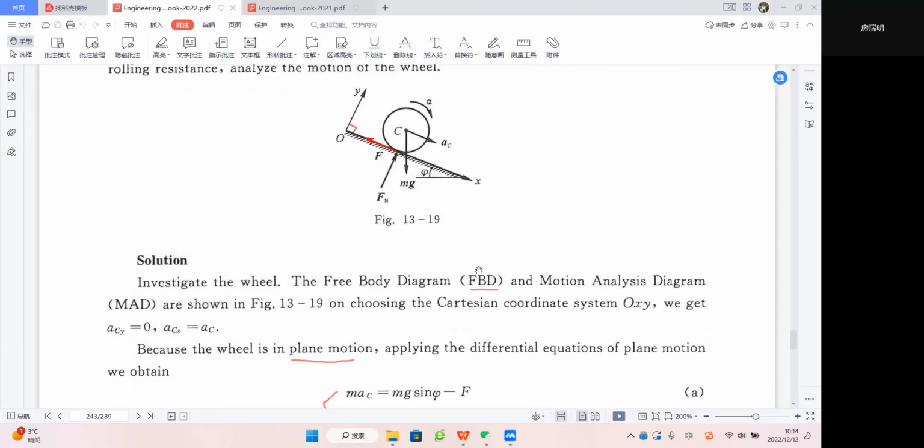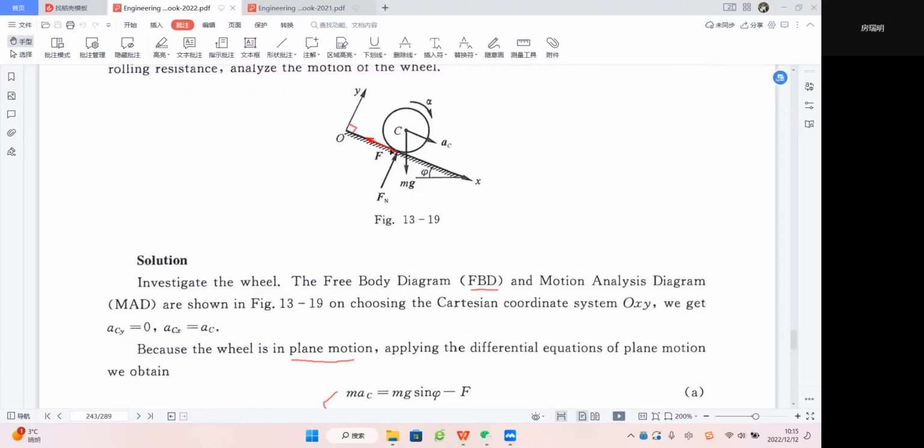Actually, in the first part of this course, statics, we talked about the free body diagram many times. The so-called free body diagram is used to do the force analysis, right?